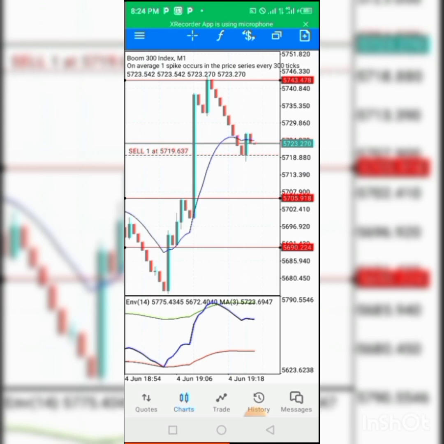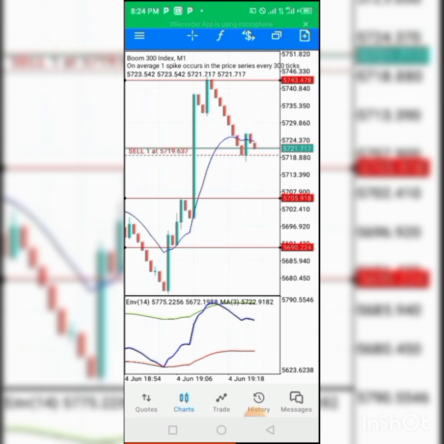Let's just watch and see what happens. As you can see, the market is still selling, and we are about to hit our entry again.